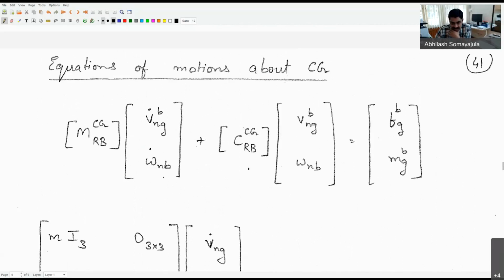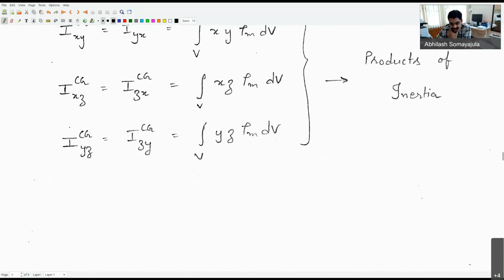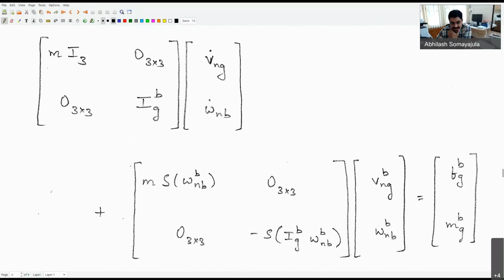Notice that if I go back here, just to see whether we have the right thing or not, I have m times vng dot plus S of omega nb times vng is equal to fgb. Let us see whether we are getting the same translational equation of motion here. I have mass times vng dot plus m S of omega nb times vng is equal to fg. That is what I get on the first row after multiplication.